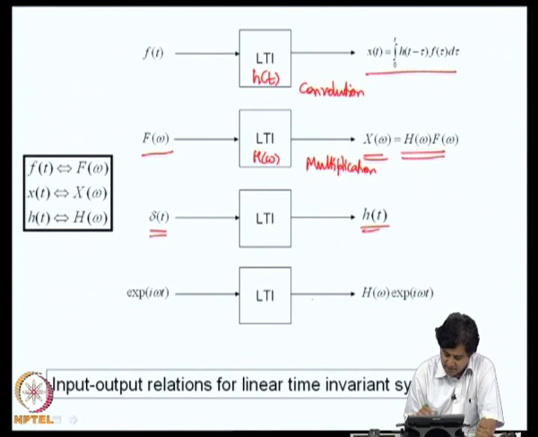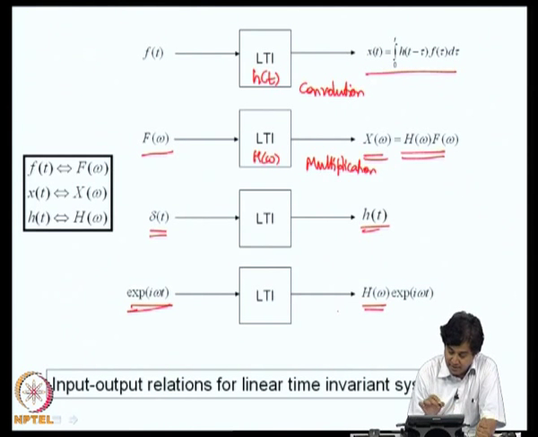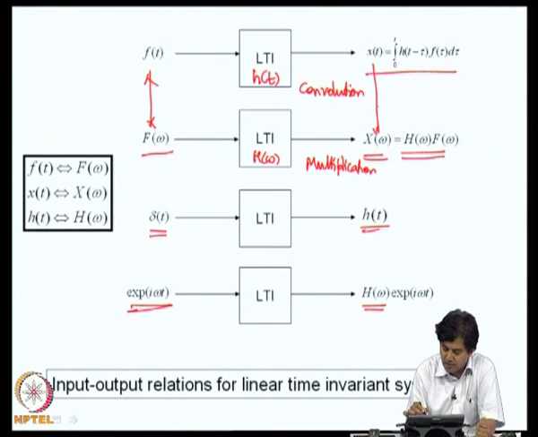H of omega is nothing but the amplitude of the response when you apply a unit harmonic excitation. So, f of t and F of omega form Fourier transform pairs, x of t and X of omega form a Fourier transform pair, and h of t and H of omega also form a Fourier transform pair.